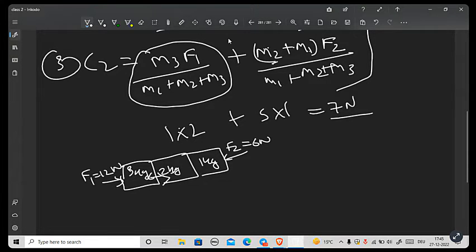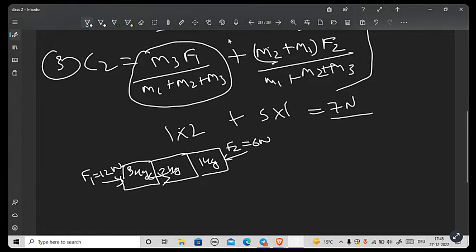What does the contact force do? Contact force is responsible for moving all the blocks together. Contact force is responsible for giving acceleration to all the blocks so that they move at the same time, and they stay together.